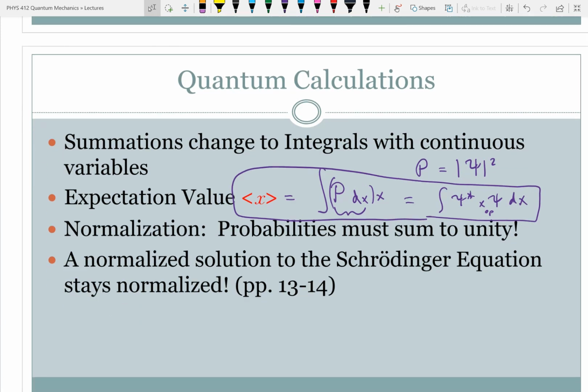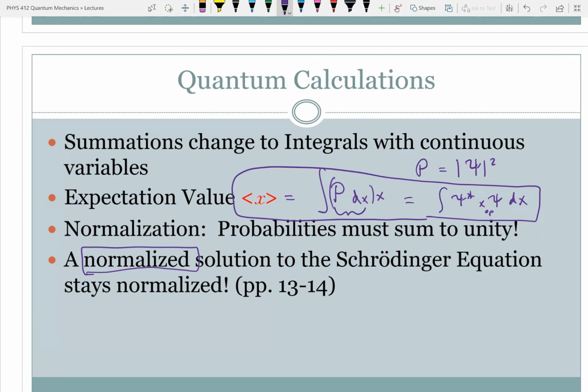Next important idea is normalization. As a physicist, I know people don't think of us as normal, hence I try to put this in, we need to be normalized. Normalized has a very simple meaning. We talked about this before. What should the sum of all of the probabilities be? 1.